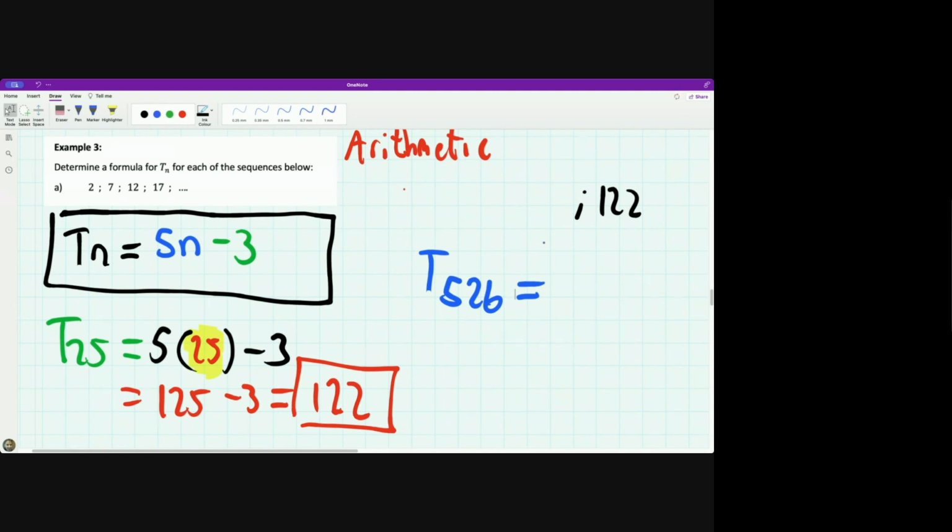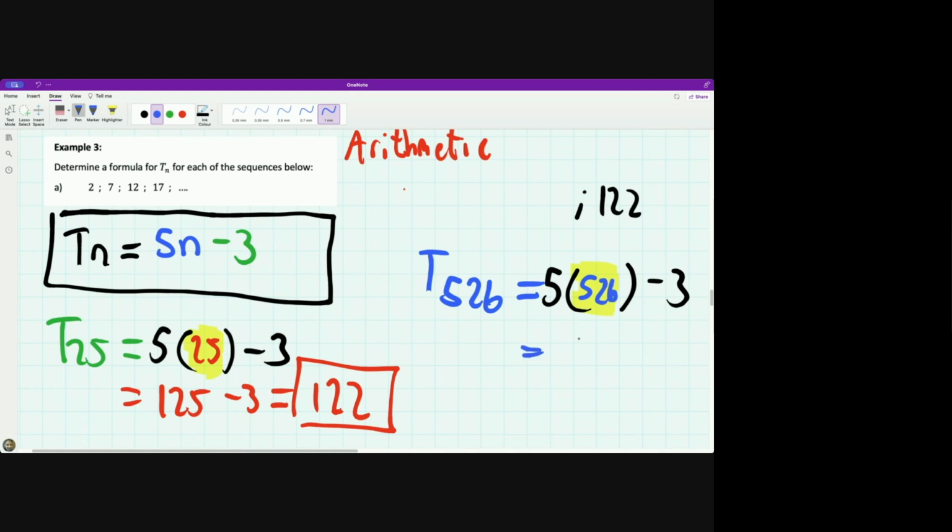I'm definitely going to need some help from some friends here. So I'm going to put a 5 and something minus 3. And again, I want you to think what goes here. I think it has to be this thing, 526.